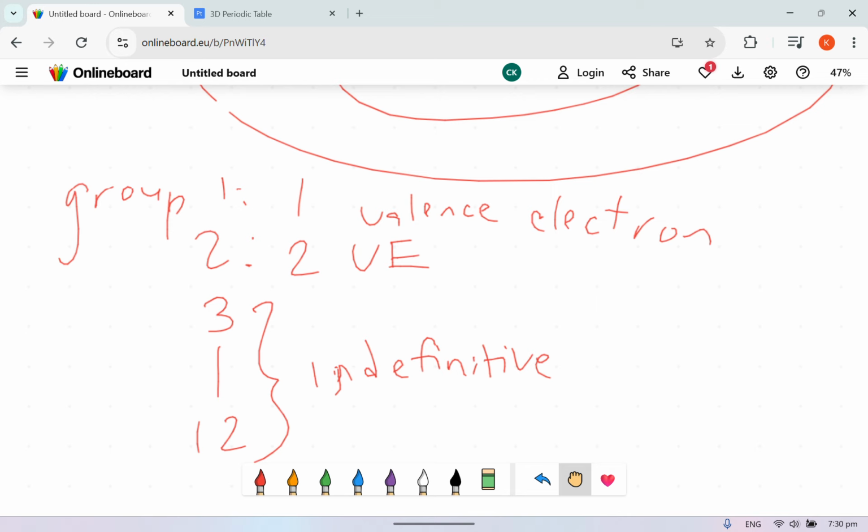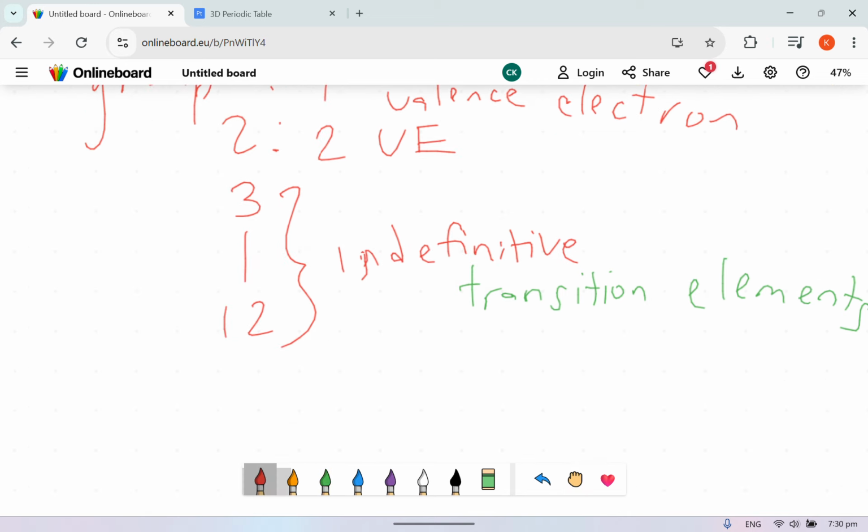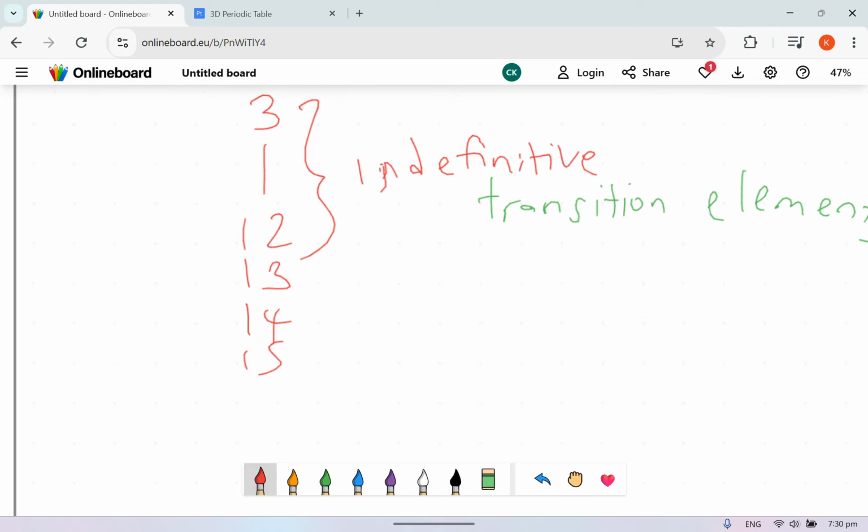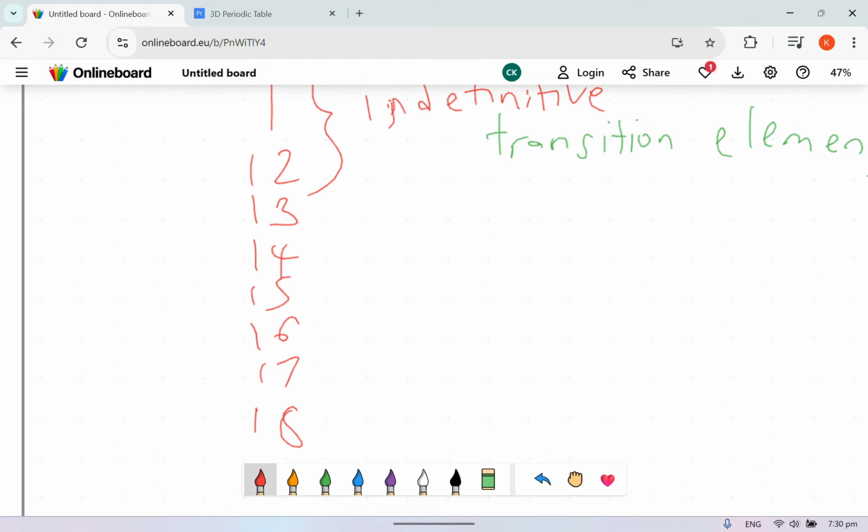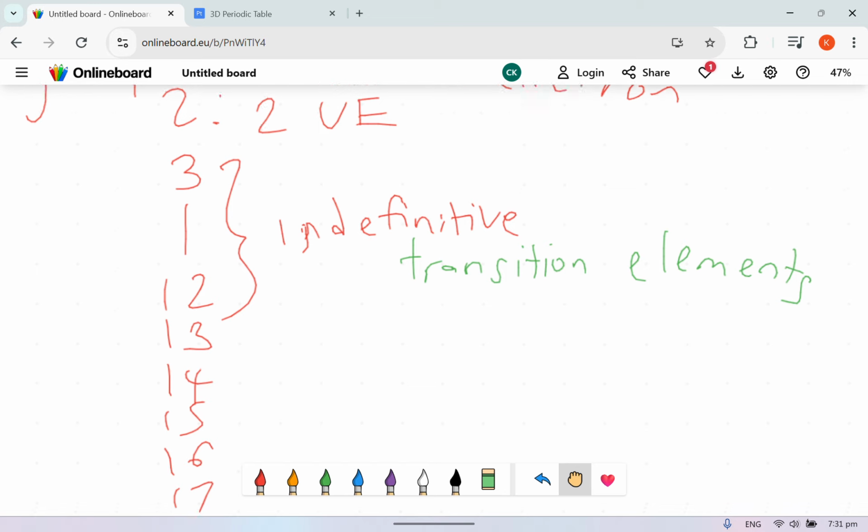From group 3 to group 12, these elements are called transition elements, and they are indefinite. How many valence electrons, I can't tell you. There are 18 groups in total in the periodic table. From group 13, it's not 13 valence electrons.